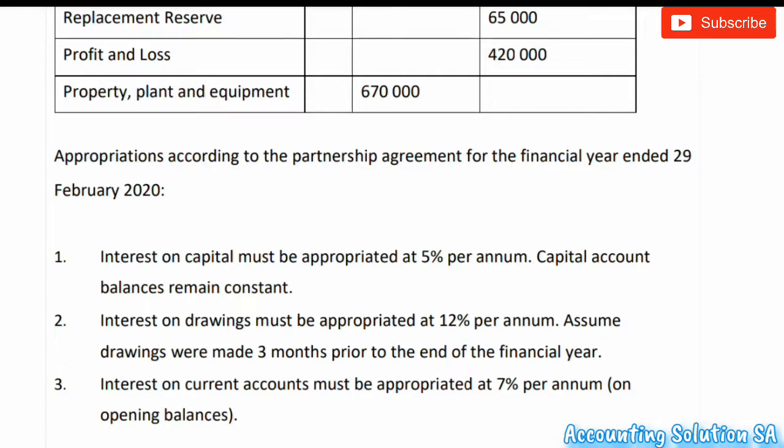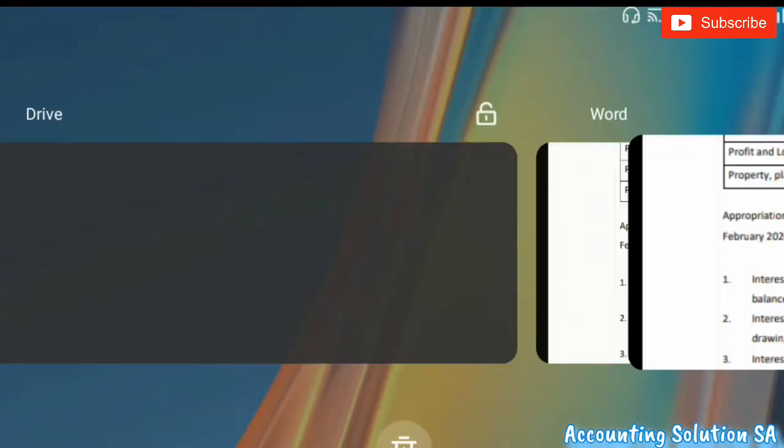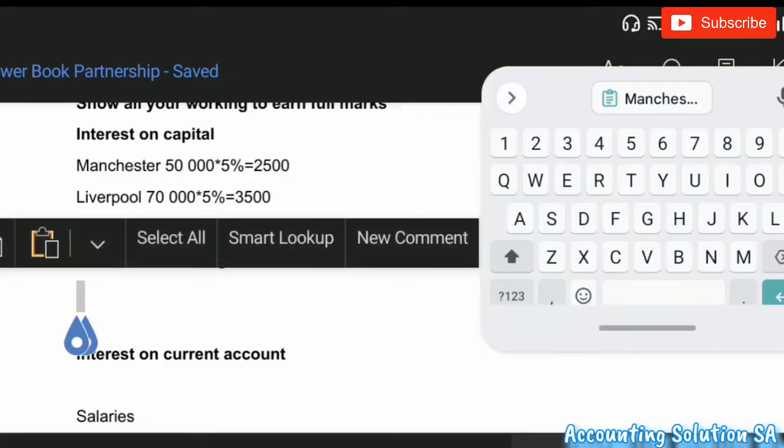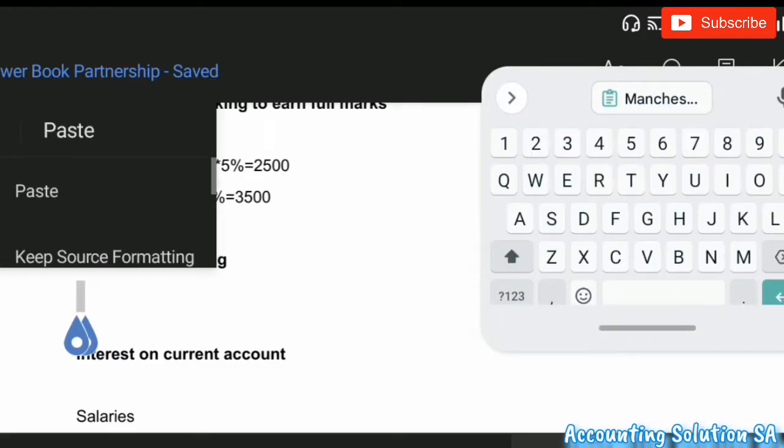However, they said you have to assume that this drawing has been made in the last months of the financial year, which means that in your calculation, you have to multiply by 3 out of 12 so that you will get the correct amount. So this is how we're going to do this calculation of interest on drawings.